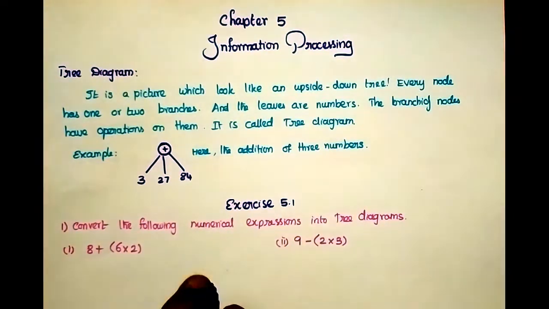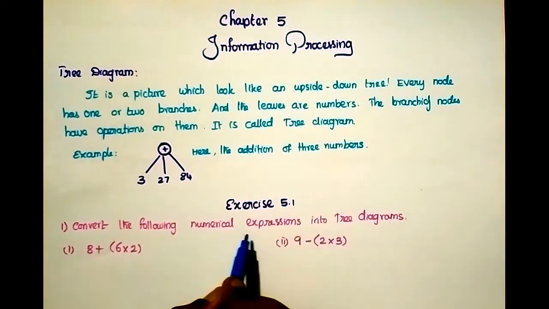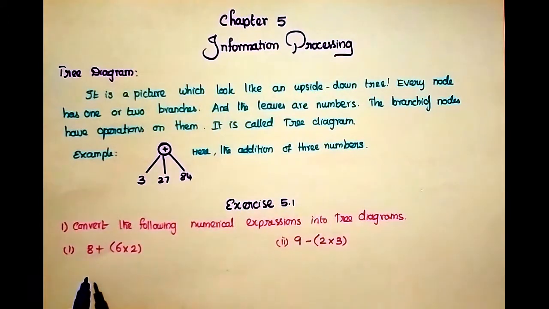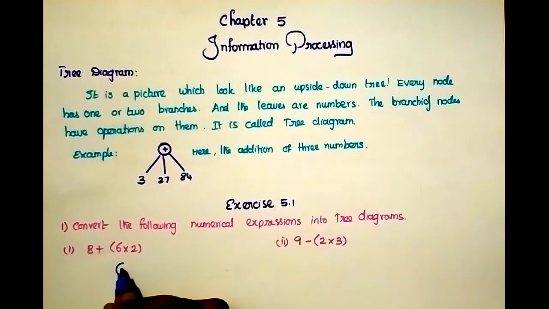Listen, exercise 5.1, first question. Convert the following numerical expressions into tree diagrams. First one, 8 plus 6 into 2. First operation is plus.